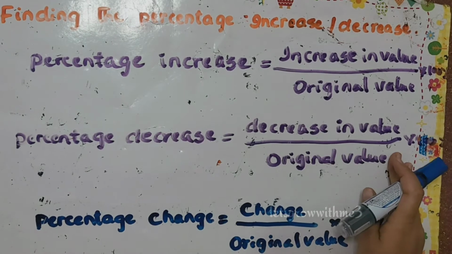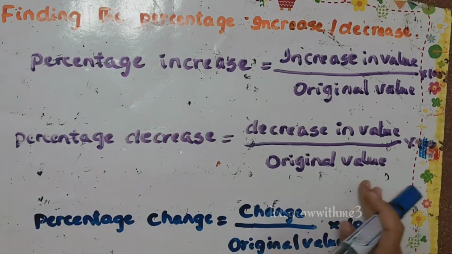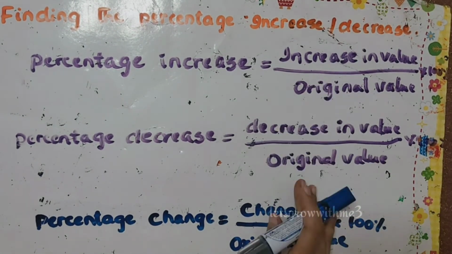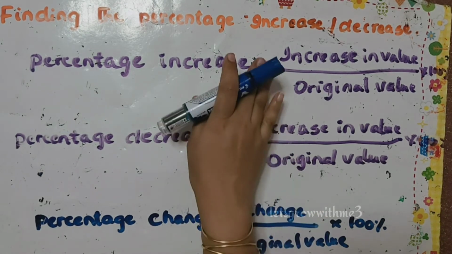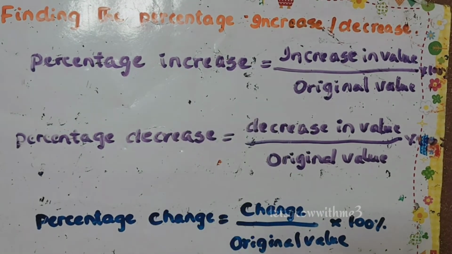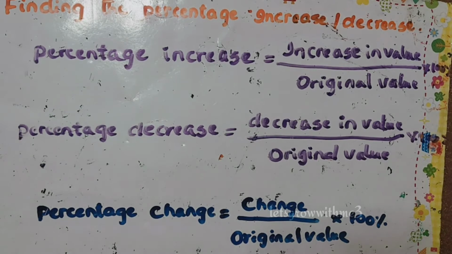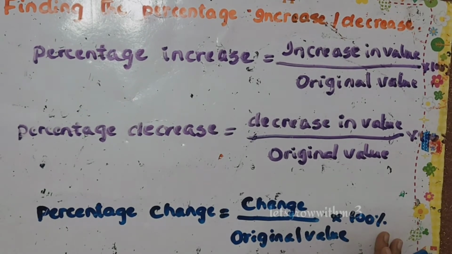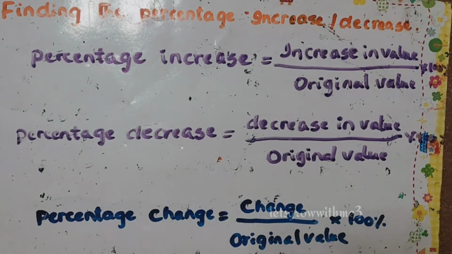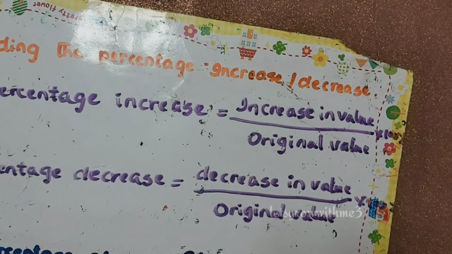So both the formulas are the same, but on top we have increase in value or decrease in value. The remaining values are the same. Next, if they ask for percentage change, it is the same: percentage change is equal to change over original value times 100%.